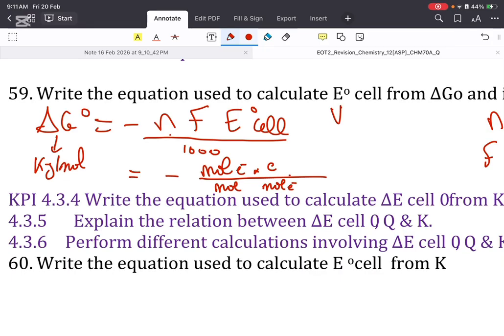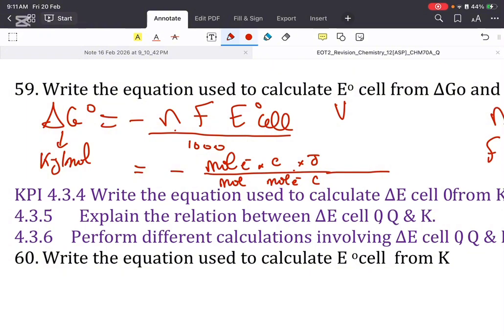And the voltage, you have it in your formula sheet, it is joule per coulomb. Now when you divide by 1000, you are converting joule to kilojoule. So the coulomb cancels out, the mole electron cancels out, and the final unit is kilojoule per mole, which is delta G.